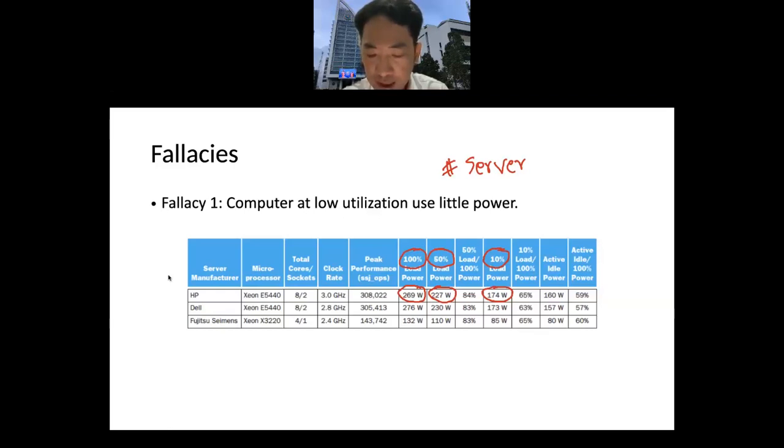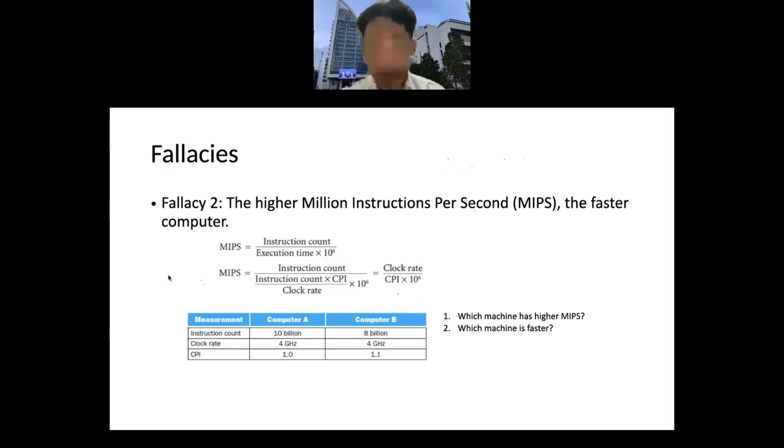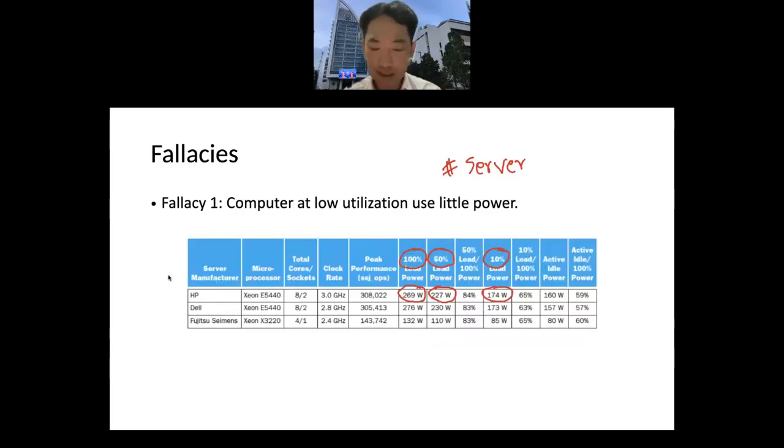That is why it uses a lot of power. That is fallacy number 1. But if you're using a laptop, definitely the number is better than the number in the table here. If you're using a laptop, the processor itself can reduce the speed, so it would use less power.